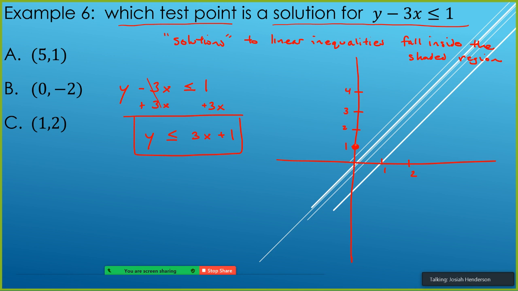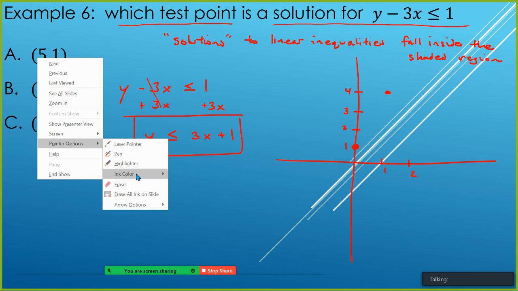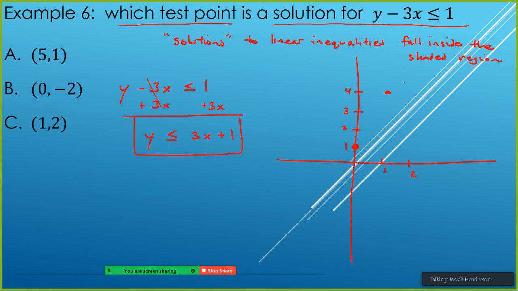From 1, we're going to go up 3 spaces, over 1. So up 1, 2, 3, over to 1 here. I'm going to change my color to purple quick. So here's my second point. I'll just make them both purple. Here are the 2 points we found.